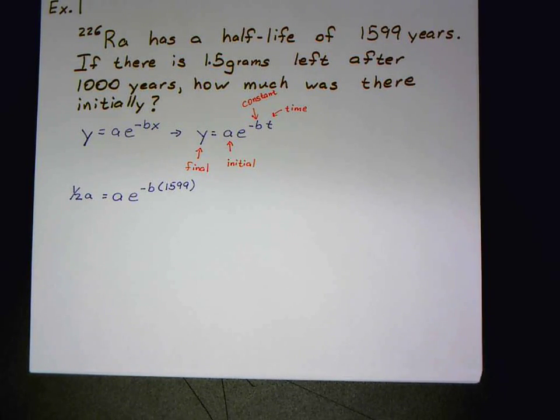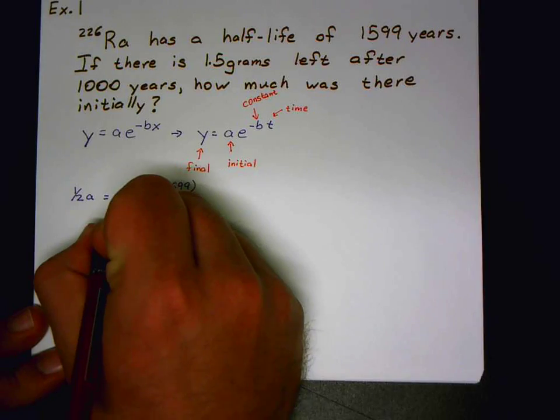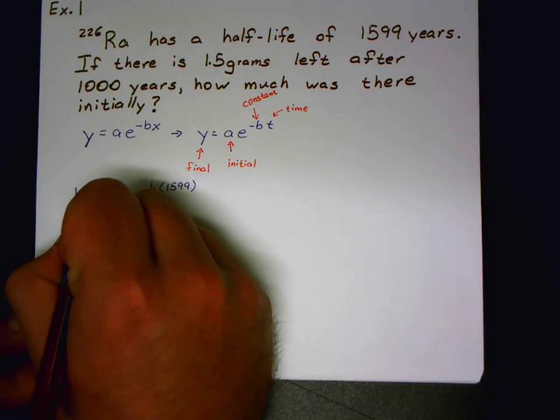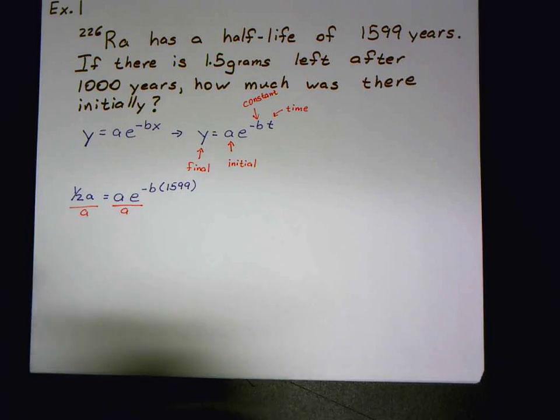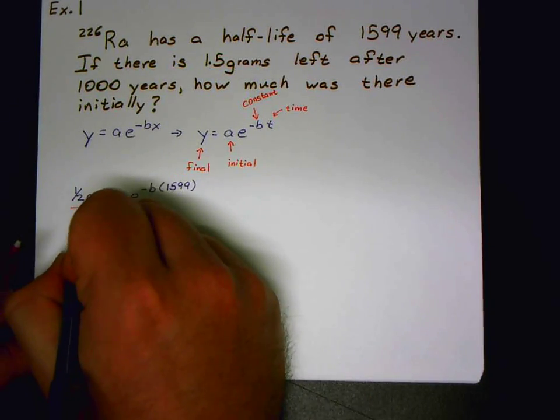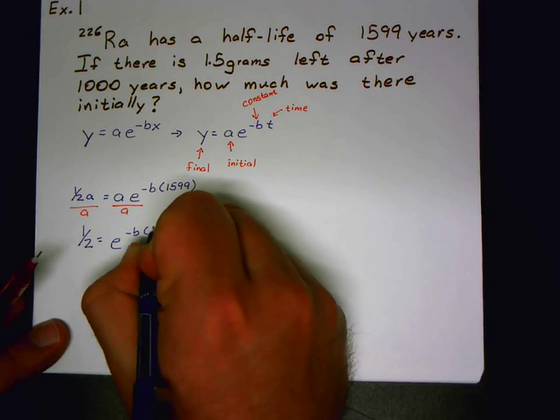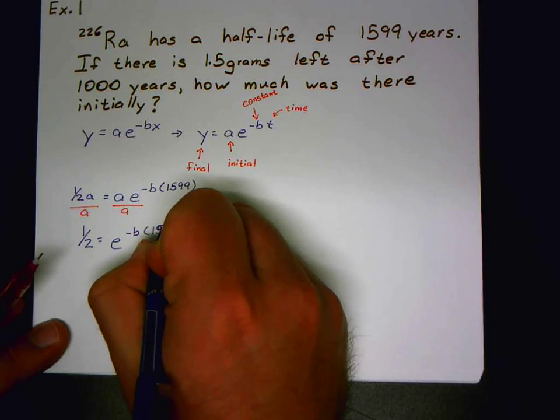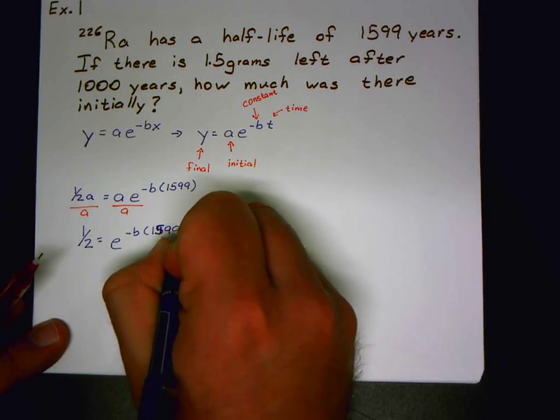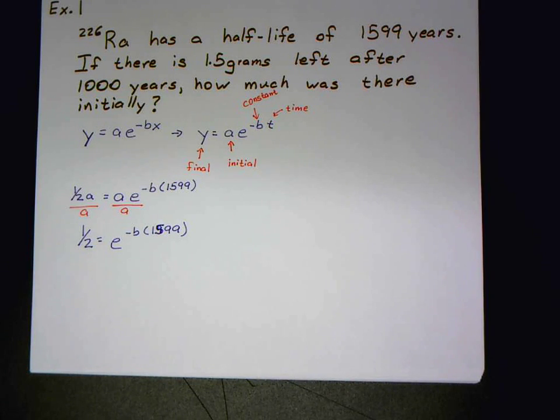That's the definition of half-life. Now, if I divide both sides of the equation by A, the A will disappear. So I can solve for B.